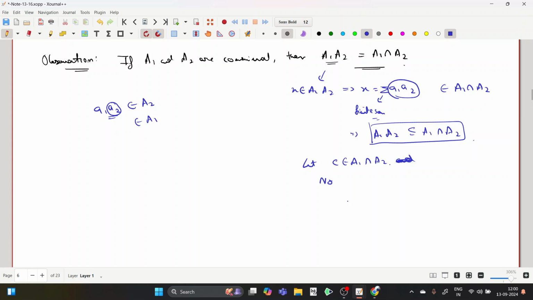Now A1 plus A2 by definition must equal R, right? But this means that there exists some element x in A1 and some element y in A2 such that x plus y must equal 1, right? Because 1 is an element of capital R. We are assuming R to have a multiplicative identity.